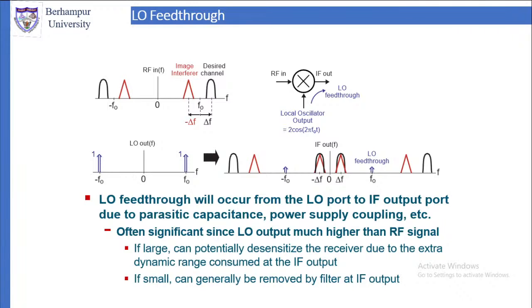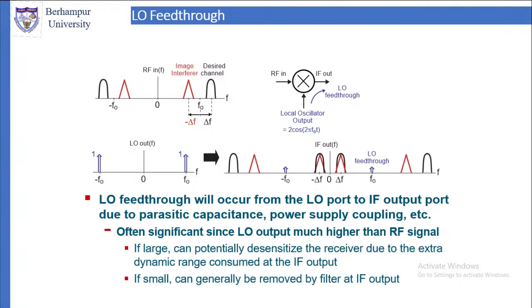Then another problem is local oscillator feed through. LO feed through is another problem. You can see this figure is the same as the earlier figure of the image interferer, except that if you look at the circuit in the top right-hand side, the local oscillator output is also fed to the IF output.